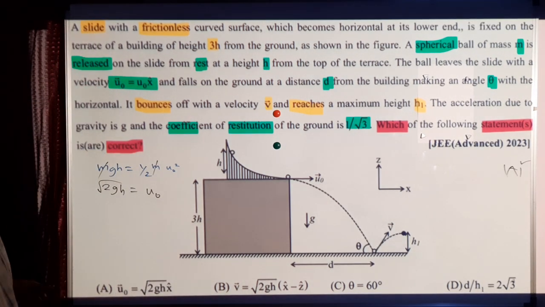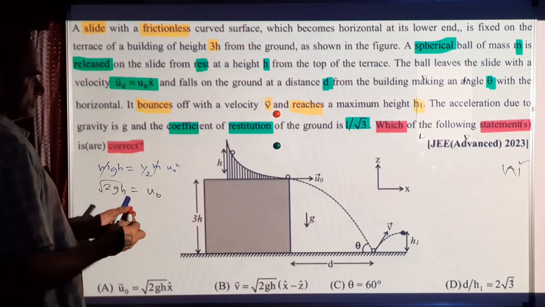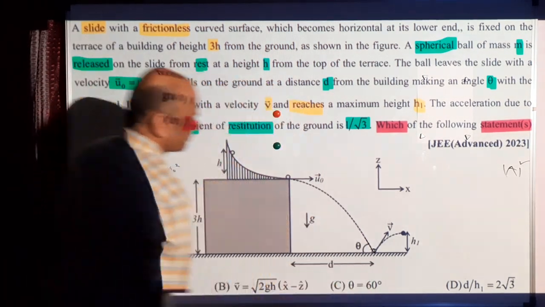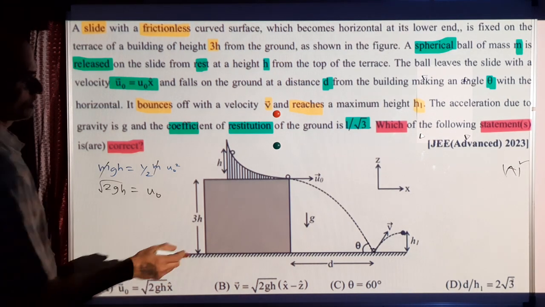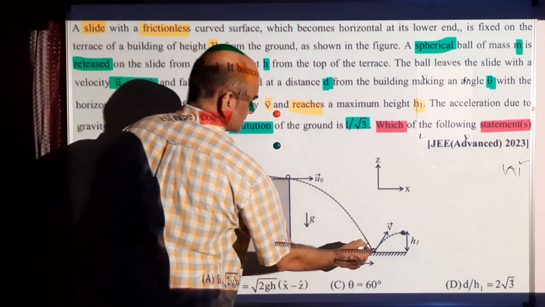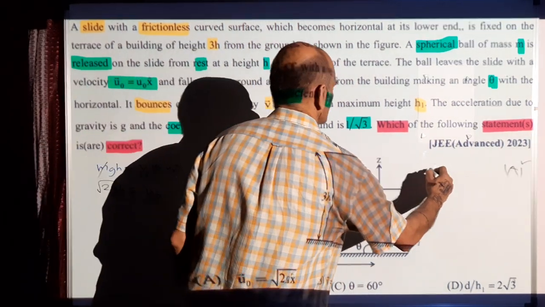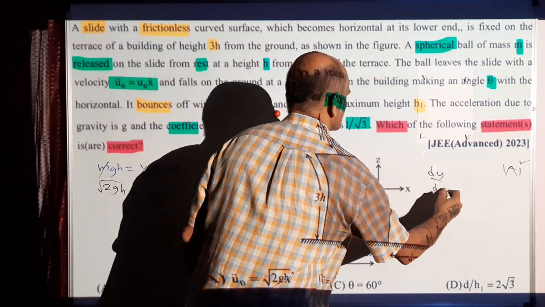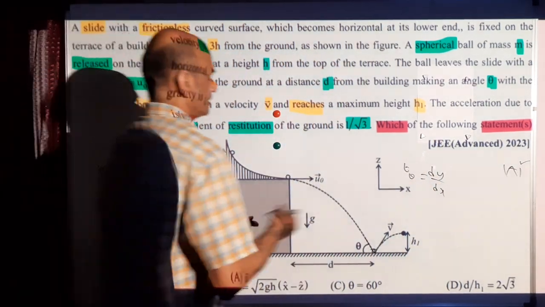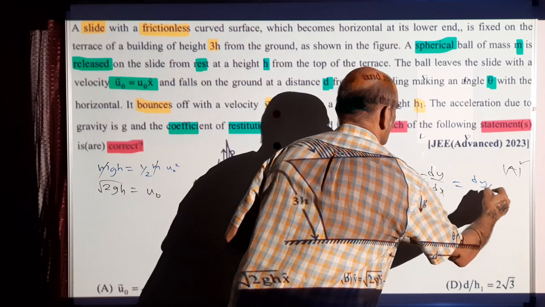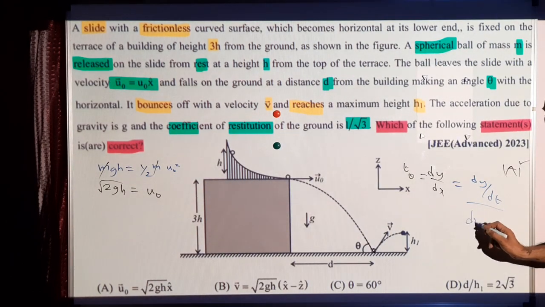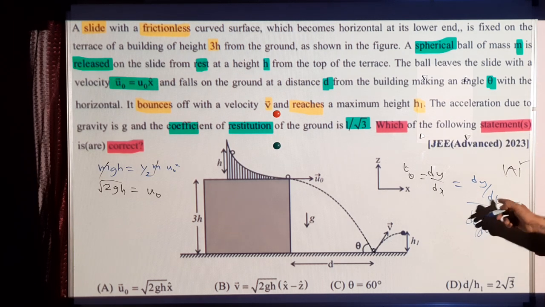For option C, you have to find the inclination of the velocity at any point of the projectile motion. This can be got as dy by dx equal to tan theta, and dy by dx can be written as dy by dt over dx by dt, because dt cancels.